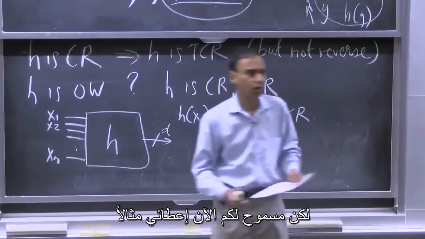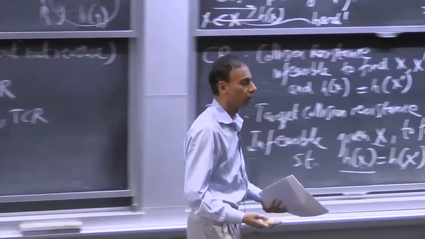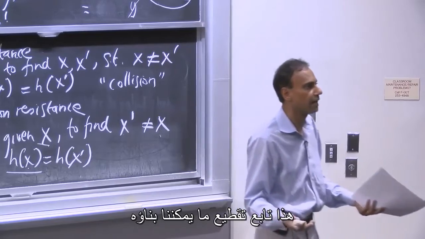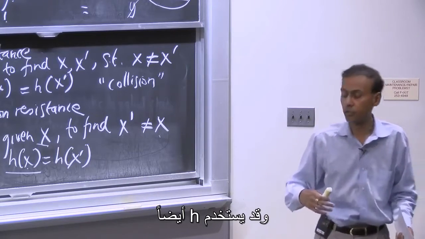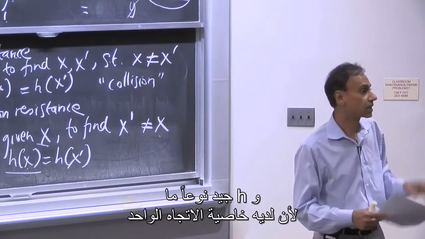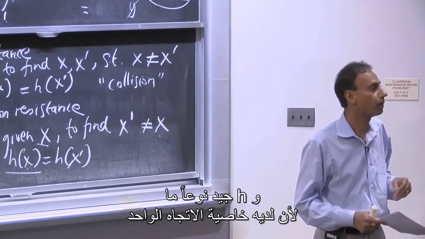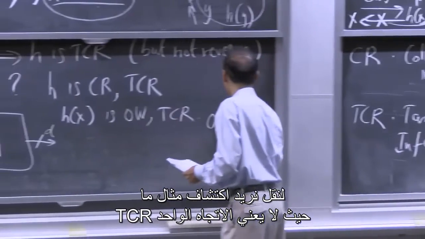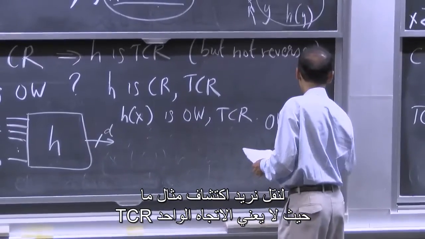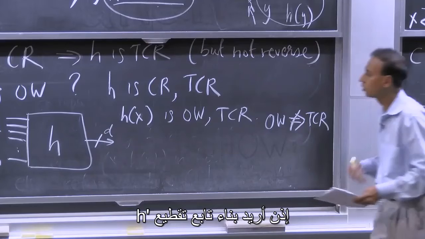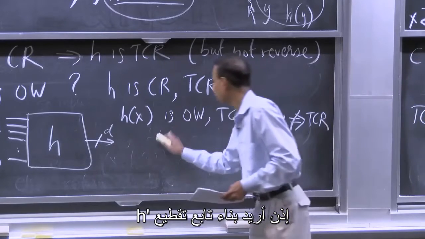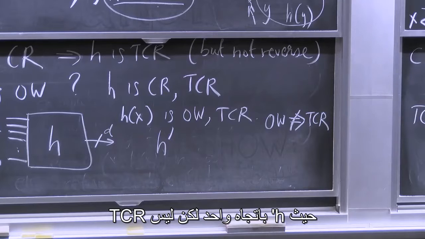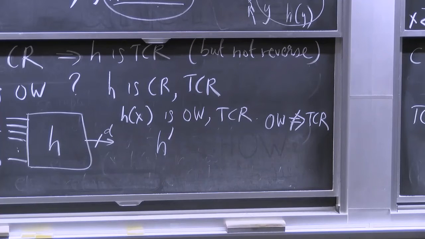But you're allowed now to give me an example. This is some hash function that you can create which may use h as well. And h is kind of nice because it has this one-way property. So let's say that we want to discover something where one-way does not imply TCR. So I want to cook up a hash function h prime such that h prime is one-way, but it's not TCR, okay?